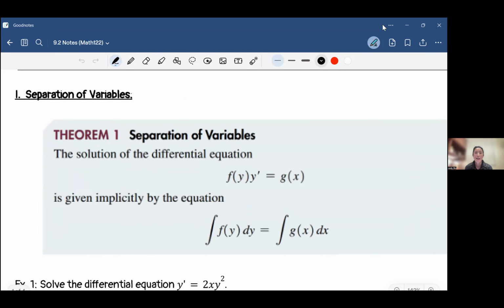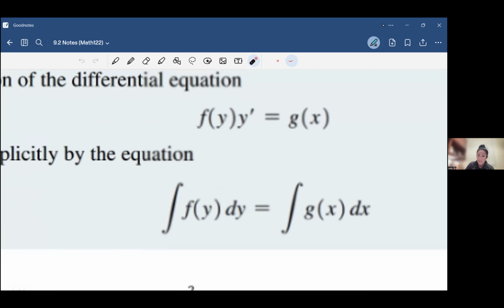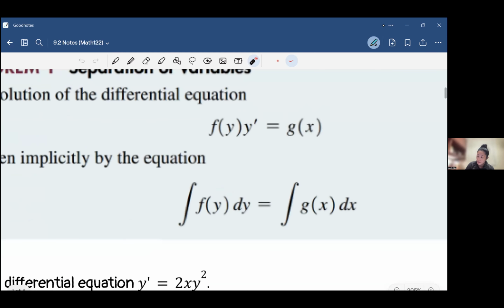There's a theorem in mathematics for this separation of variables. It tells us that if we have a function of y times y prime equals g of x, then what we can do is integrate both sides to solve our equation, okay?